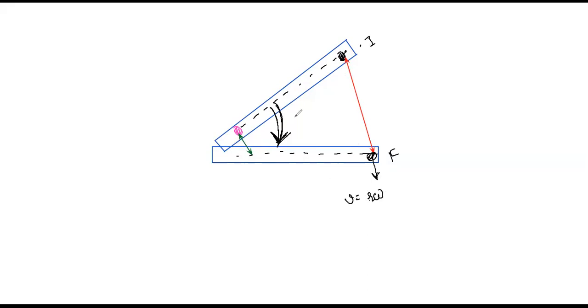Now, what is this R? R is the distance. Let's say this is the axis of rotation, I'll mark it with a cross sign. So the distance from the axis of rotation of this point is R.